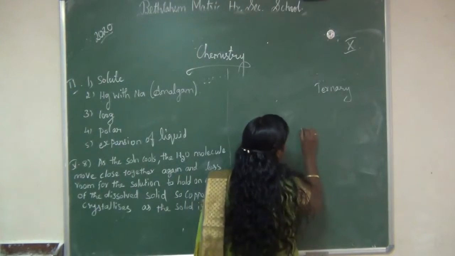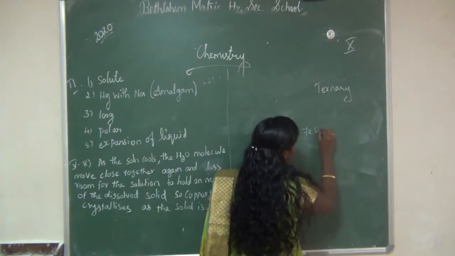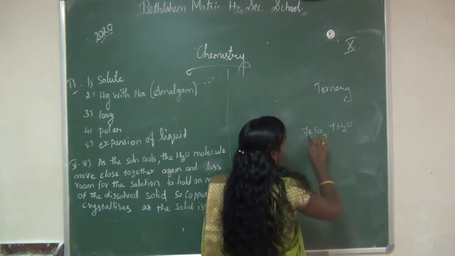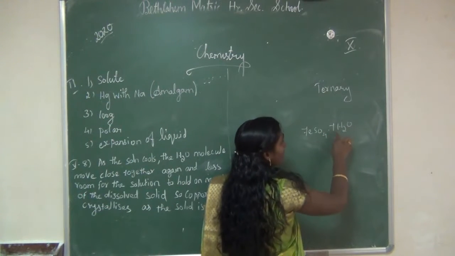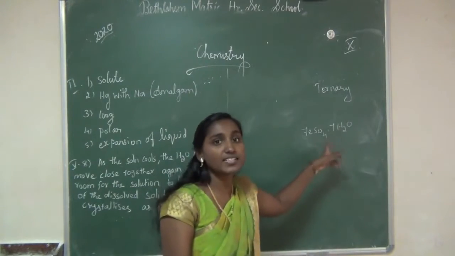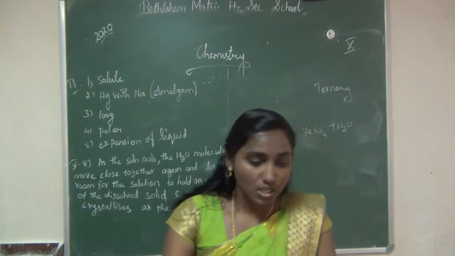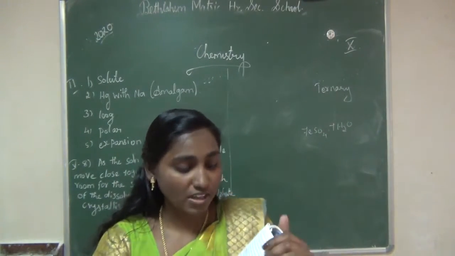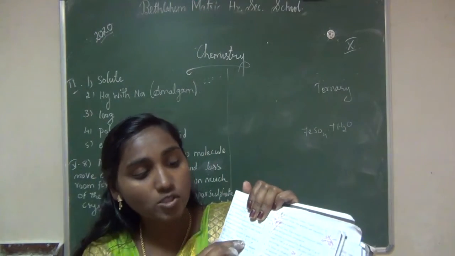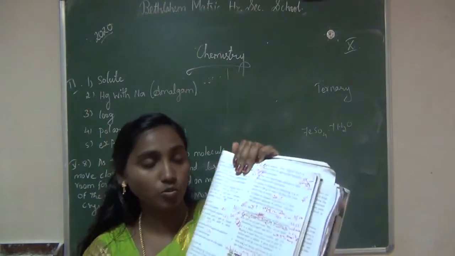The molecular formula of green vitriol is what? Green vitriol, FeSO4 7H2O. That is iron sulfate heptahydrate. So for that MgSO4 7H2O, underline it, and near that write down FeSO4 7H2O.